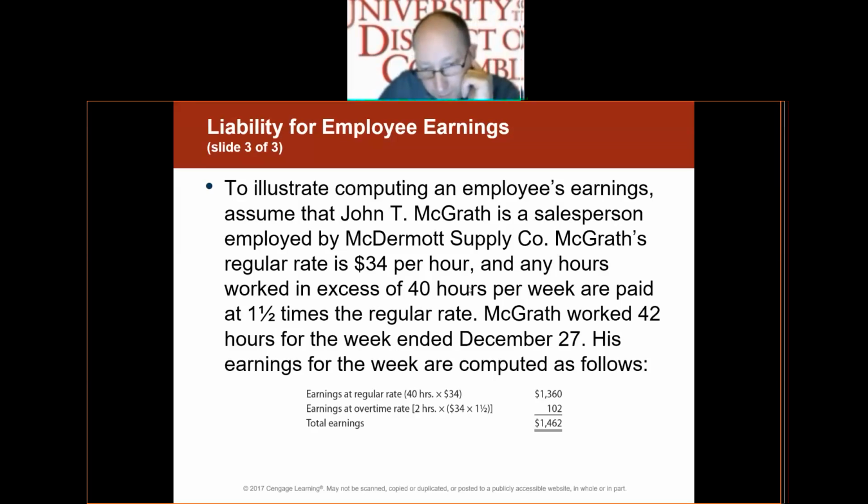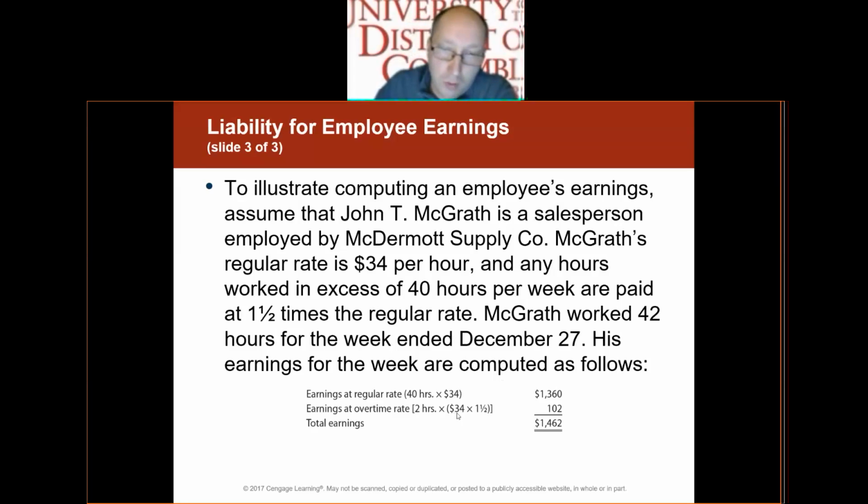42 hours. So, if our employee worked 42 hours, the first 40 hours are at his normal rate, $34 an hour. So, earnings at regular rate, 40 hours times $34 per hour is $1,360. Then he's got a little overtime here. He worked 2 hours overtime. Remember, anything over 40 accrues at time and a half.